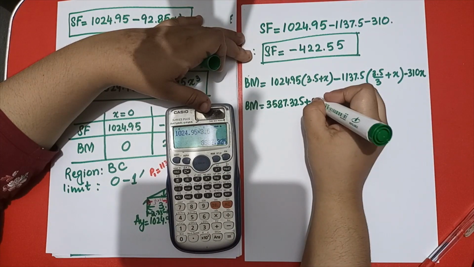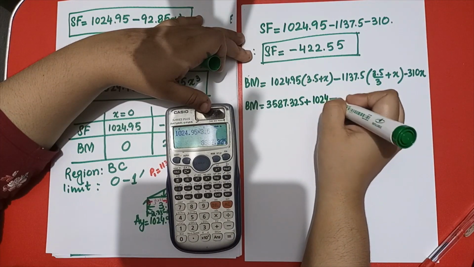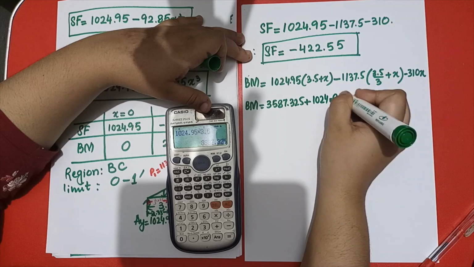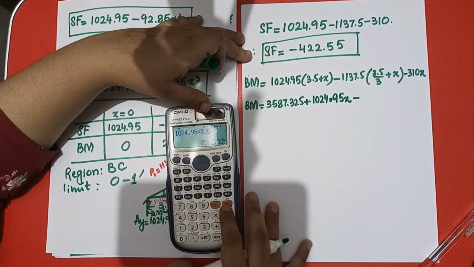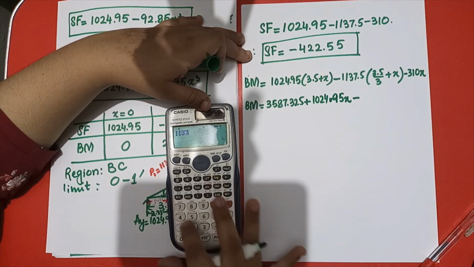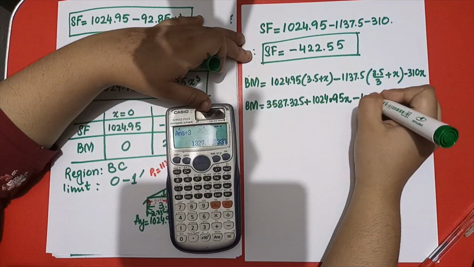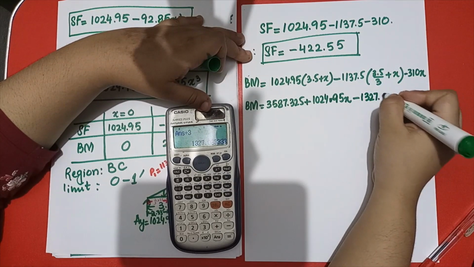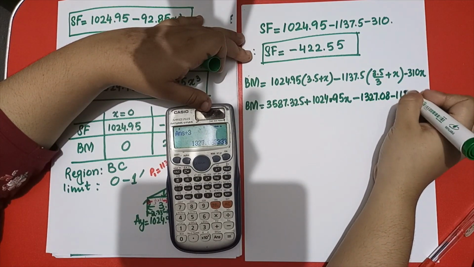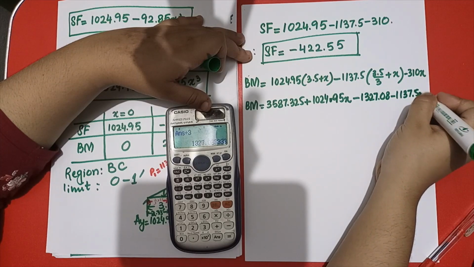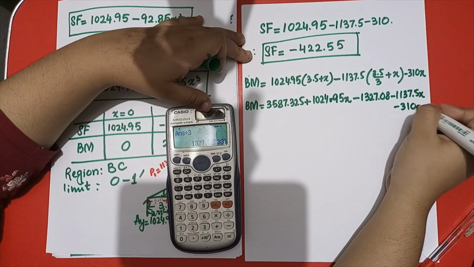Then 1024.95x. Then 1137.5 multiplied by 3.5 divided by 3, so the answer will be 1327.08, minus 1137.5x minus 310x.